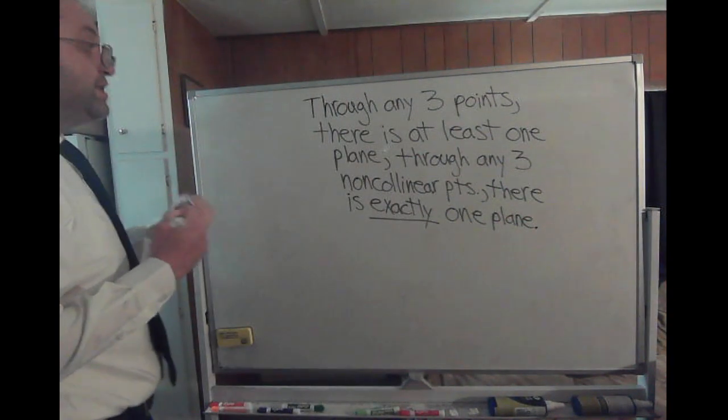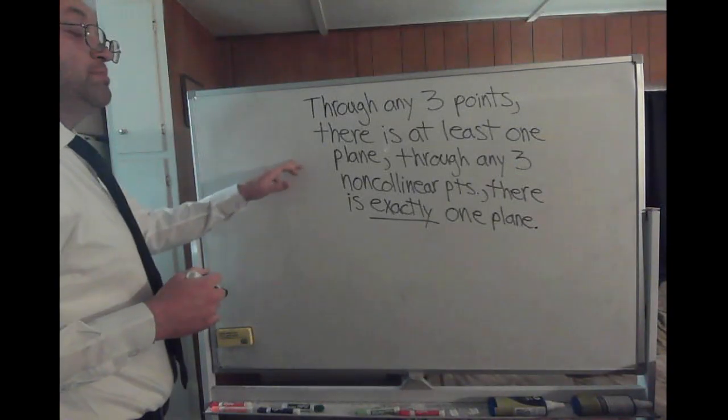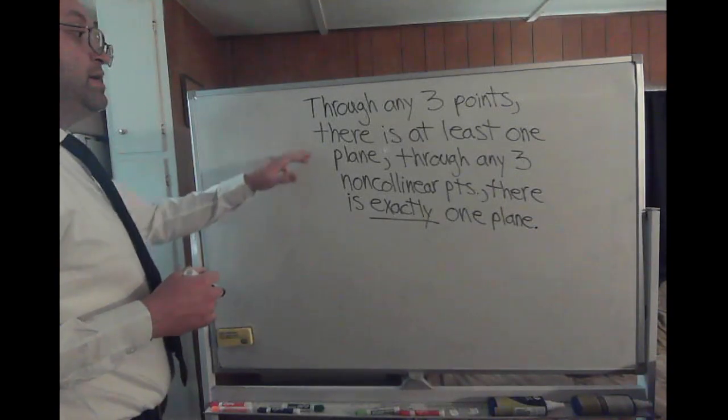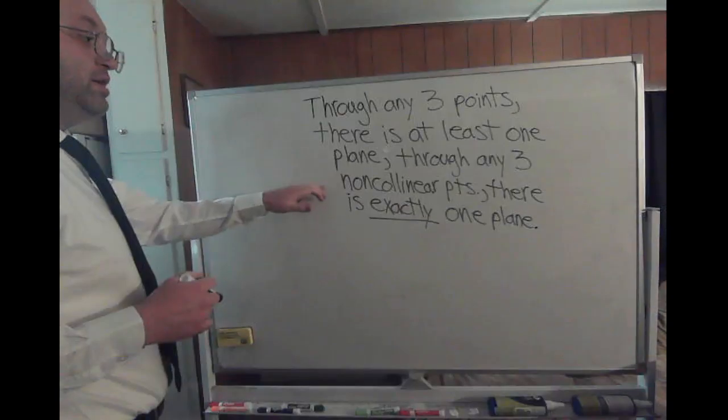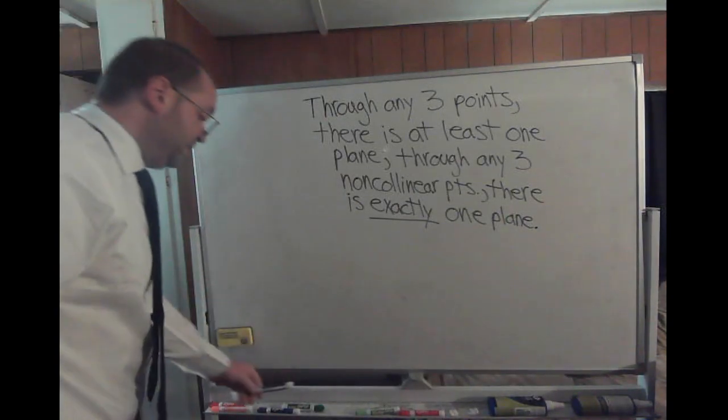Alright, so through any 3 points there is at least one plane. Through any 3 non-collinear points there is exactly one plane.